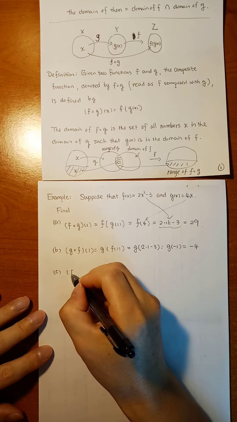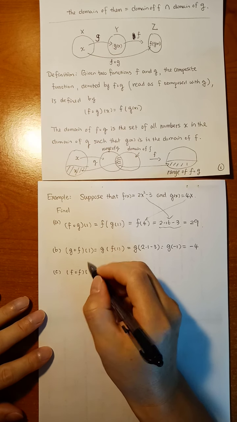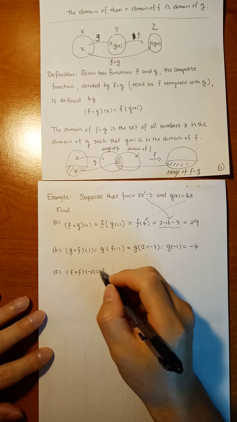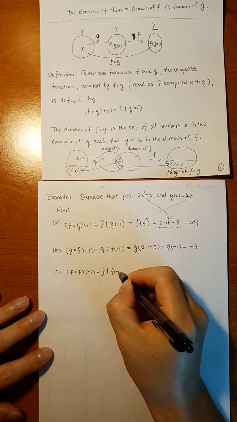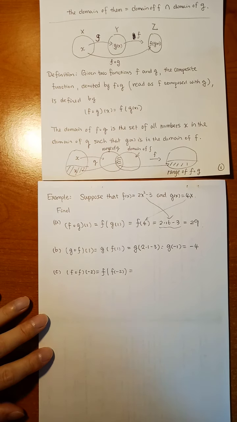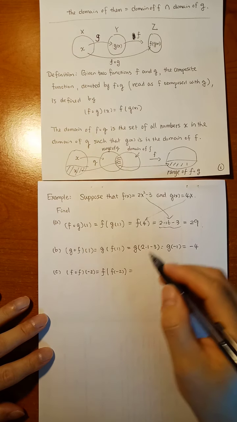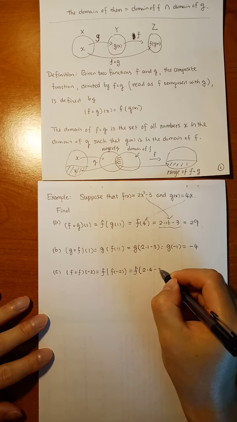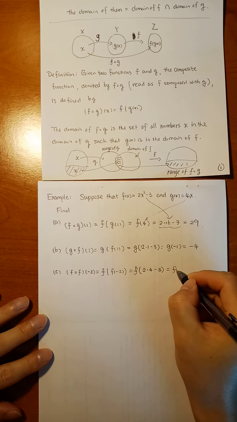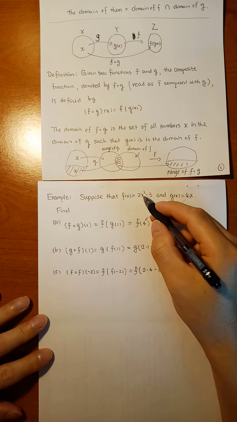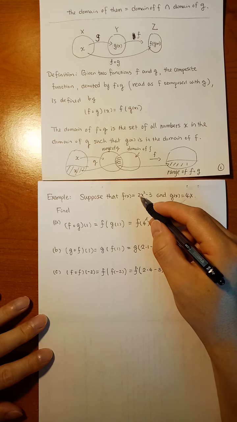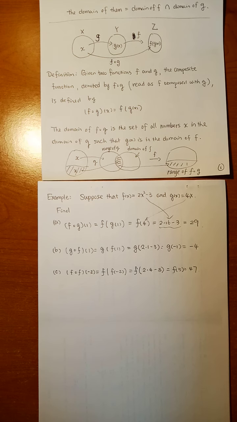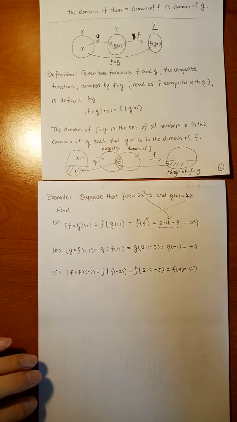Second, let's try f composed with f, evaluated at -2. F of -2 is 2 times 4 minus 3, so f of 5. F of 5 is 5 squared, which is 25, times 2 is 50, and 50 minus 3 is 47.